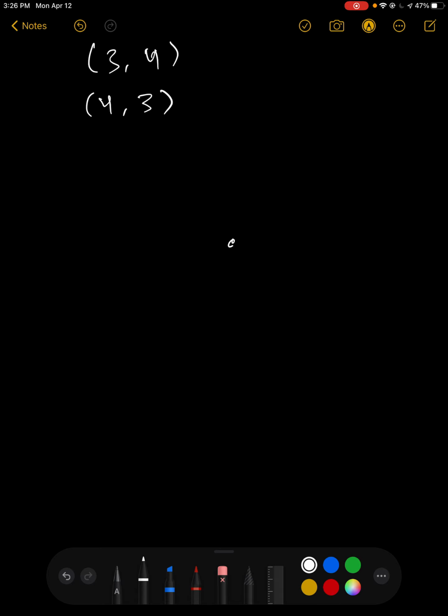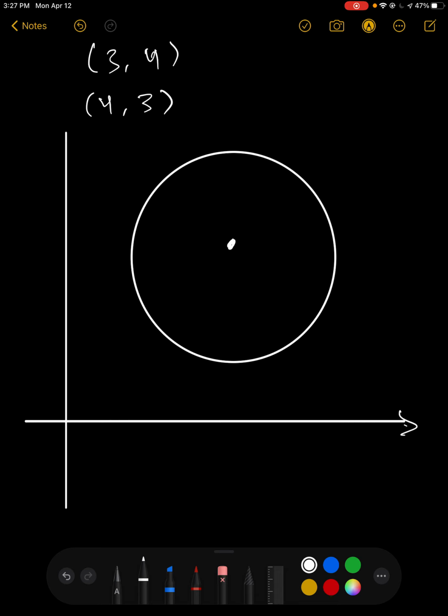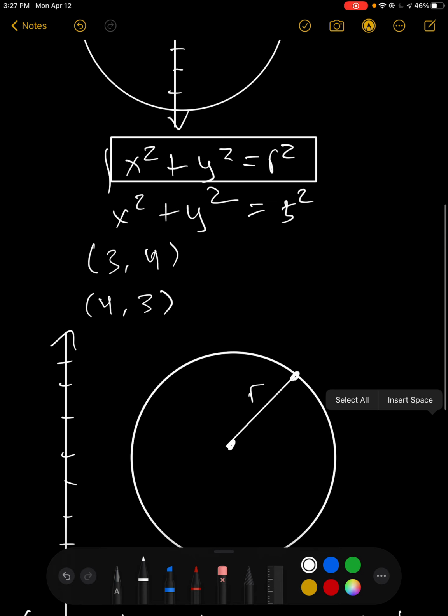So we have our circle right here. Let's draw our circle. We have our y-axis and our x-axis again. We know that this again is our radius, and from up above, we call this point x units over and y units up.